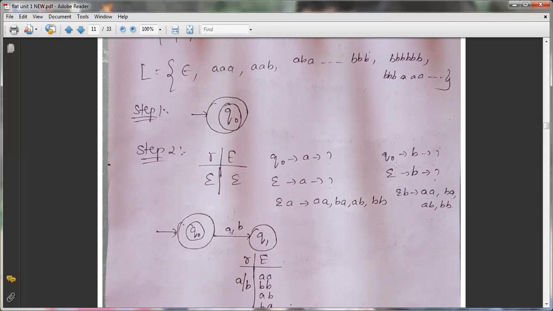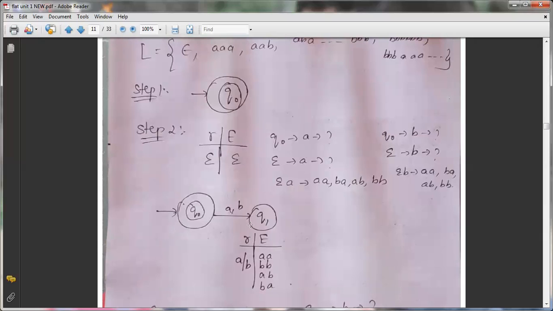So coming to Q naught on B. Q naught on B is going to where? We don't know. Epsilon B is there. But what do we need? AA, BA, AB and BB. I need any of these particular strings, not all the strings, any of them.